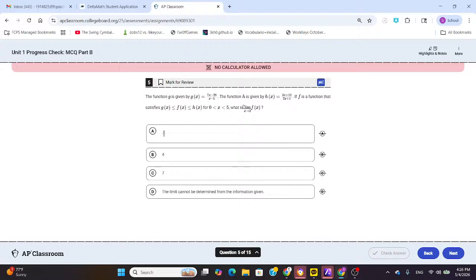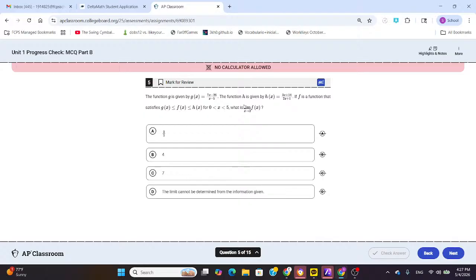And let's look at this one real quick. The function g is given by g of x equals 7x minus 26 over x minus 5. Function h is given by h of x equals 3x plus 14 over 2x plus 1. Basically, it's the squeeze theorem again.